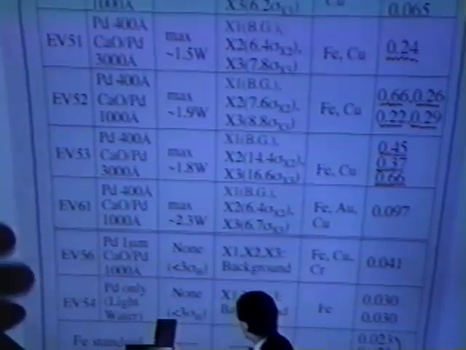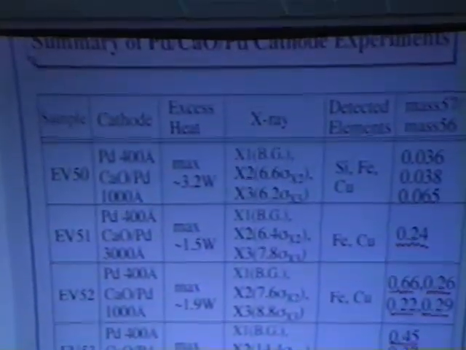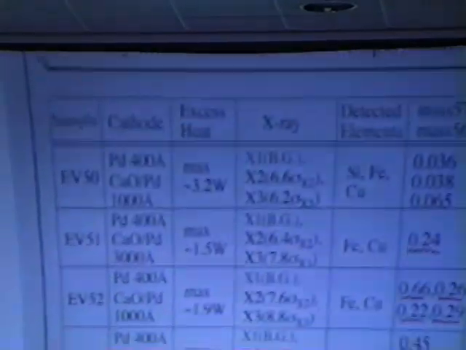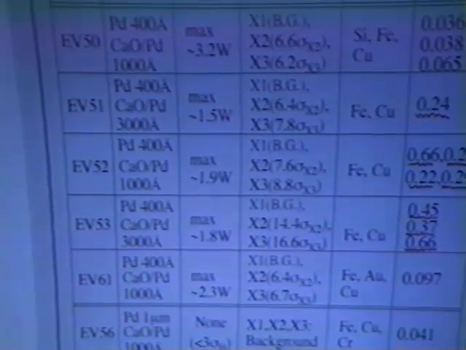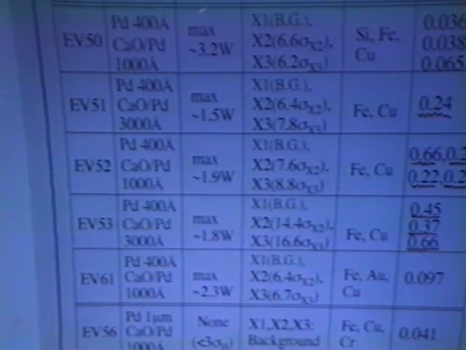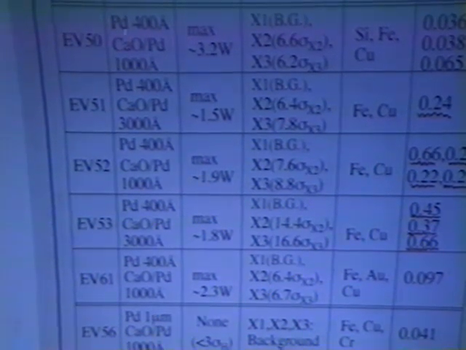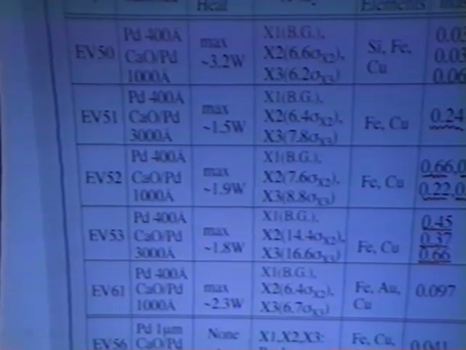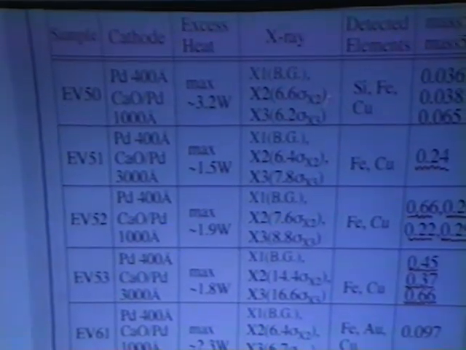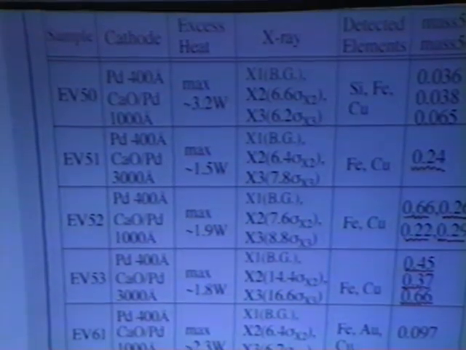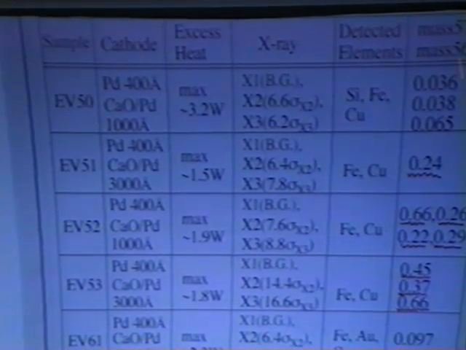And this table shows the summary of multi-layer cathode experiments. We summarize the structure of the cathode, excess heat, X-ray, detected elements after experiment, and mass 57 by mass 56.